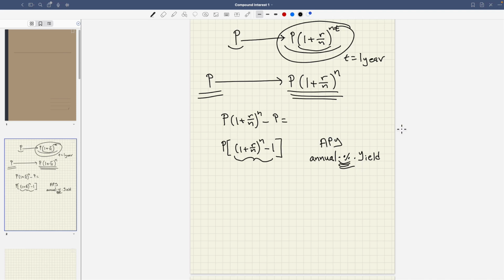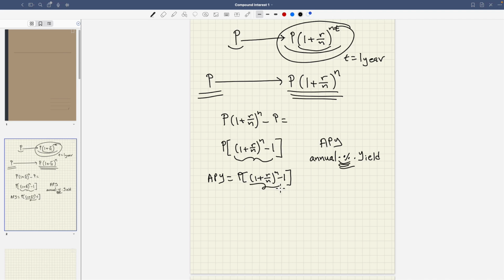And so in other words, essentially we can say that the APY is this. I'm going to explain to you. Now, regardless of the investment, the interest would just be this.